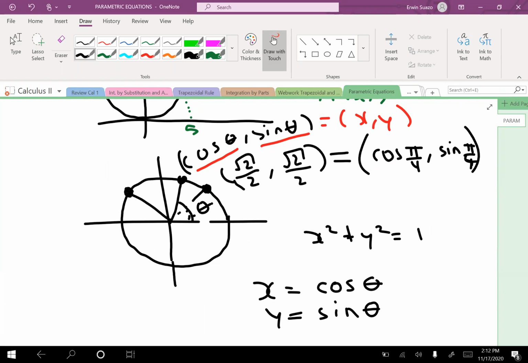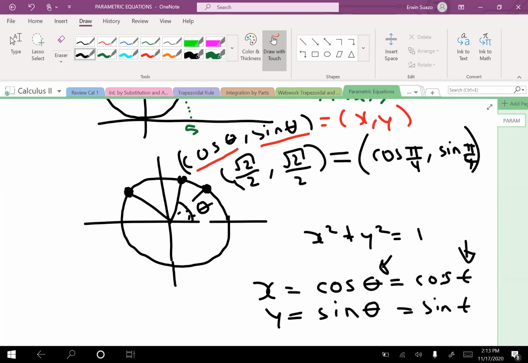And that's going to be the kind of parametrization we are interested in. So in general terms, instead of theta, we could call it cosine of t, sine of t. Usually people use t as the parameter. Theta is just for polar coordinates, but it's probably the most important one. So that's going to be our objective.